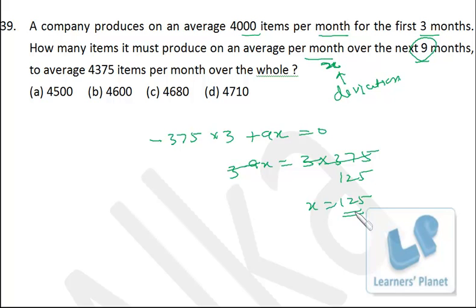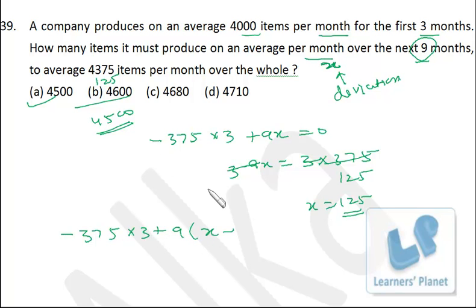So that is a positive deviation. So it is 4375 plus 125, so 4500 is your answer. Pretty simple. Alternatively, if you take x as the items per month, then in that case minus 375 into 3 plus 9 x minus 4375 is equal to 0.